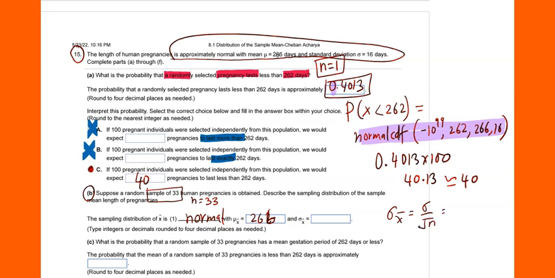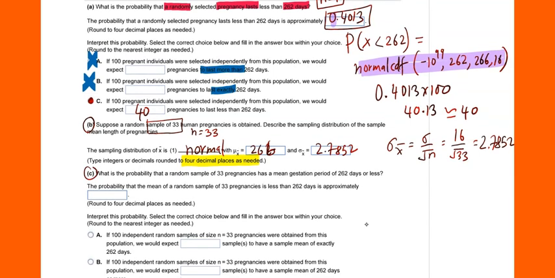Sigma is 16, over the square root of n, where n here is 33. If you put it in the calculator, you get 2.7852 rounded to 4 decimal places. That's the standard deviation for the sampling distribution, 2.7852.